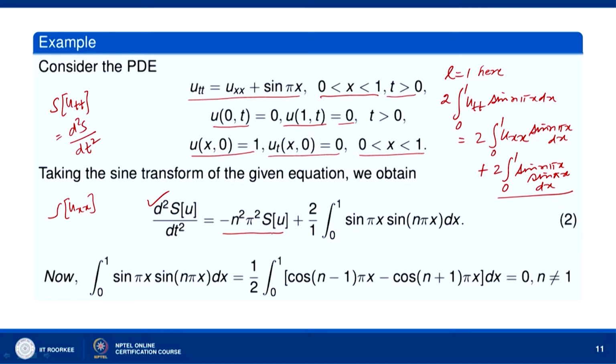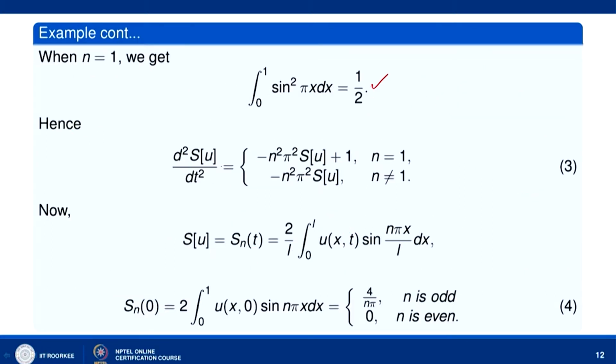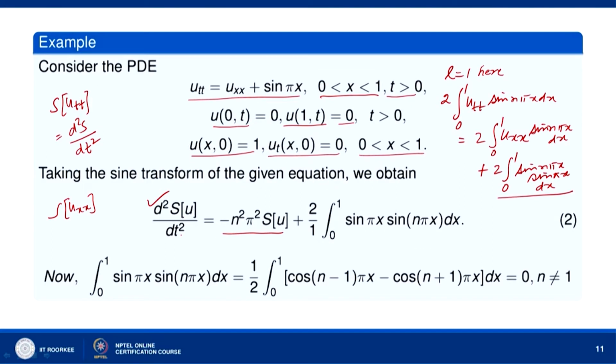So, we have two cases, this equation for n equal to 1 and this equation for n not equal to 1. So, let us see d square s u over dt square is equal to minus pi square s u when n is equal to 1. D square s u over dt square will be minus pi square s u plus 2 times 1 over 2.